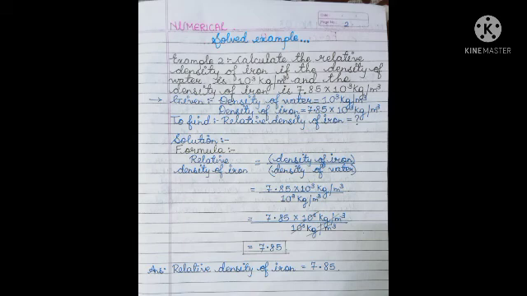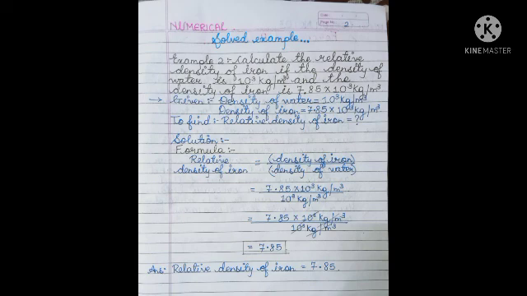Now, do the calculation mathematically. Mathematically, 10 raised to 3 kg per meter cube in the denominator is the same as in the numerator. So, both get cancelled from the numerator and the denominator. So, what remains? 7.85. So, the final answer is relative density of iron is 7.85.